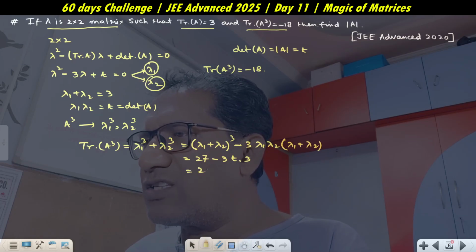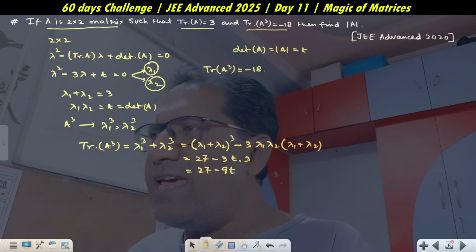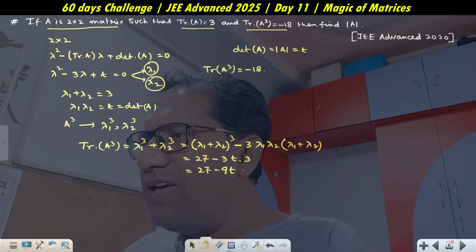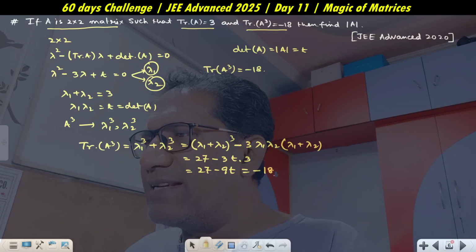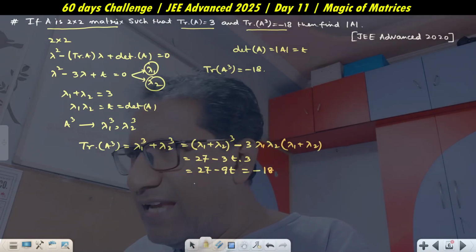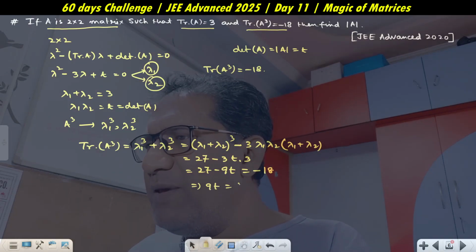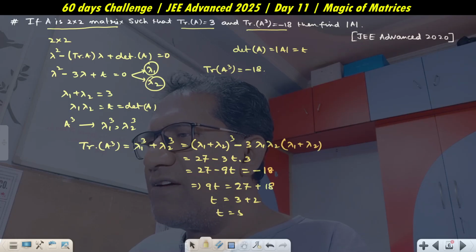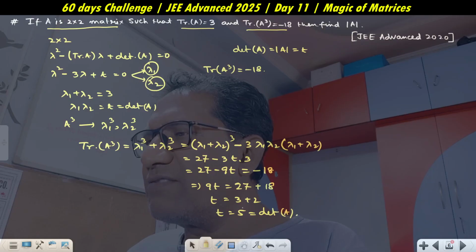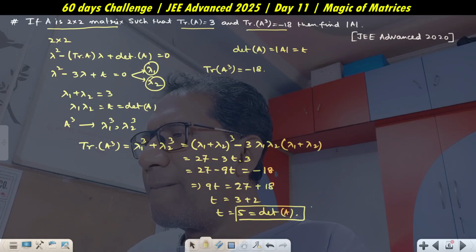So it gives us 27 minus 9t. Now they have already given that this is equal to minus 18. Therefore, 9t becomes 27 plus 18. So t becomes 3 plus 2, that is 5. That is det of A. That's it. Finished. That's your answer.